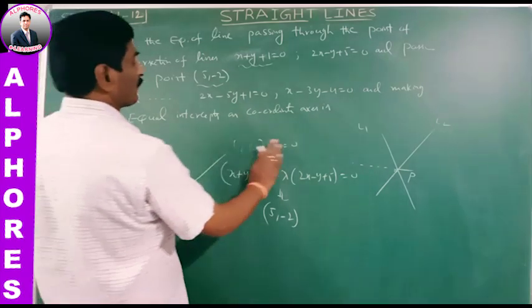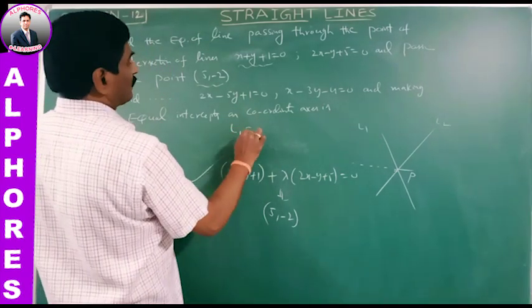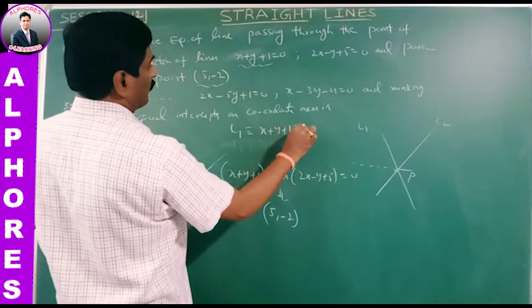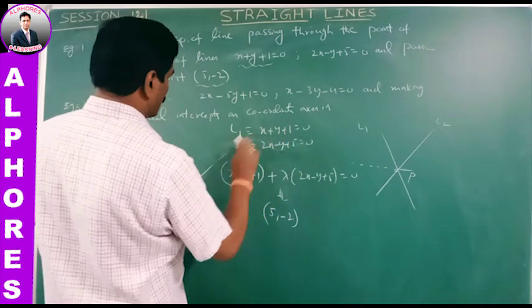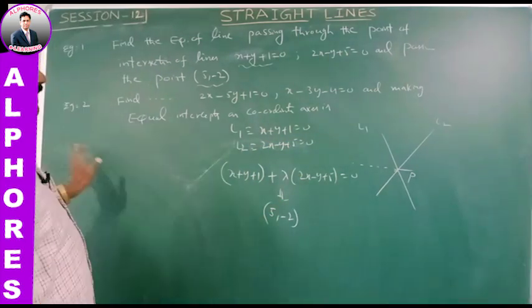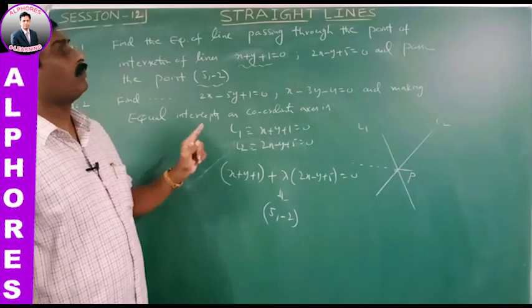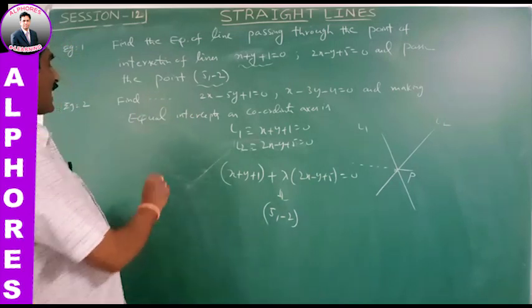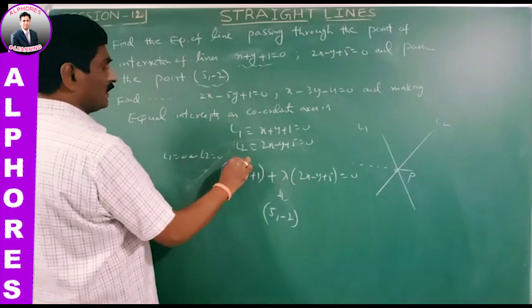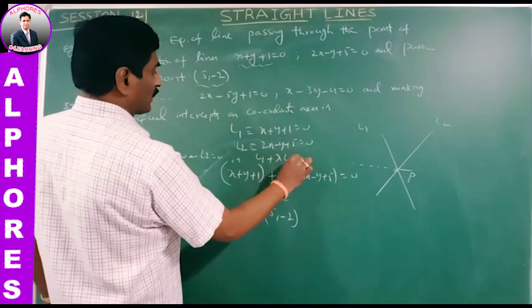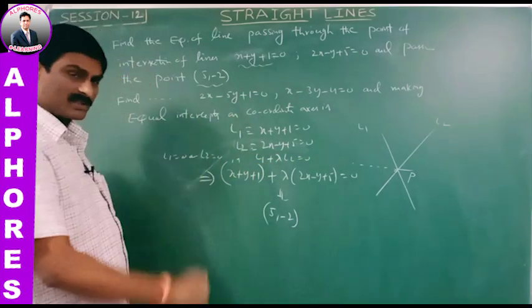What are the values of L1 and L2? L1 is x plus y plus 1 is equal to 0. L2 is 2x minus y plus 5 is equal to 0. The equation of the line passing through the point of intersection of the lines L1 is equal to 0 and L2 is equal to 0 is L1 plus lambda L2 is equal to 0. It is the equation of the required line.